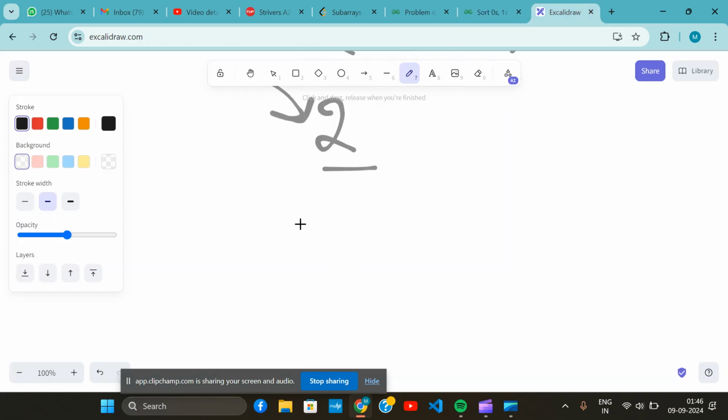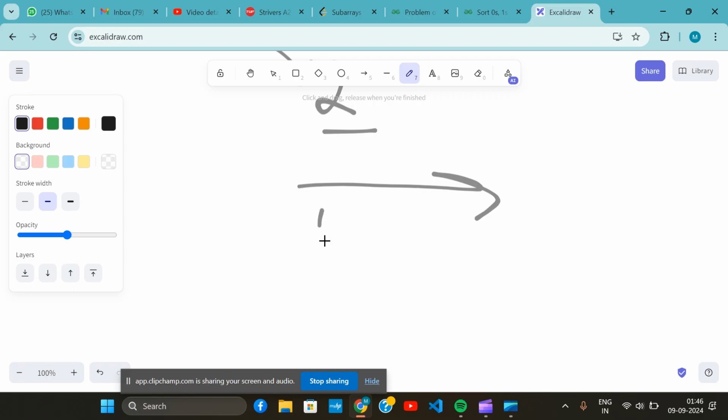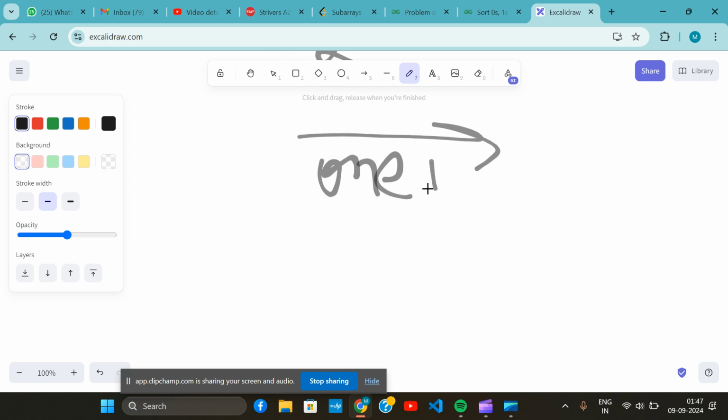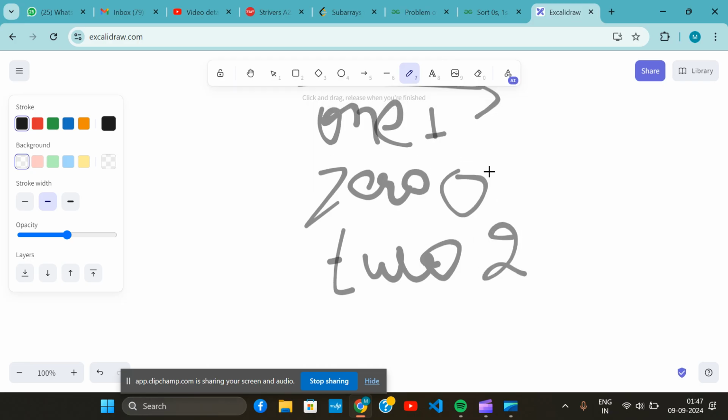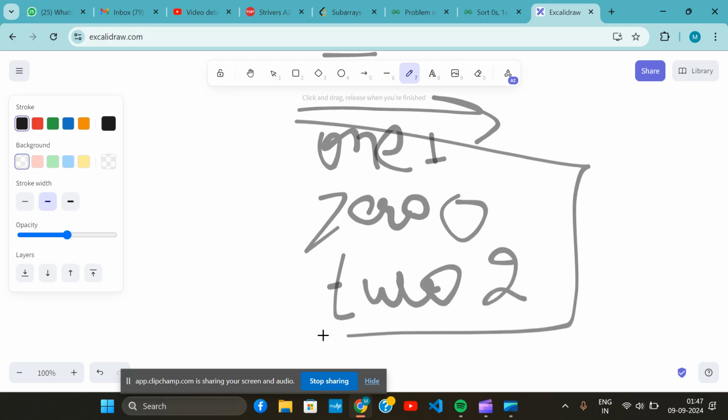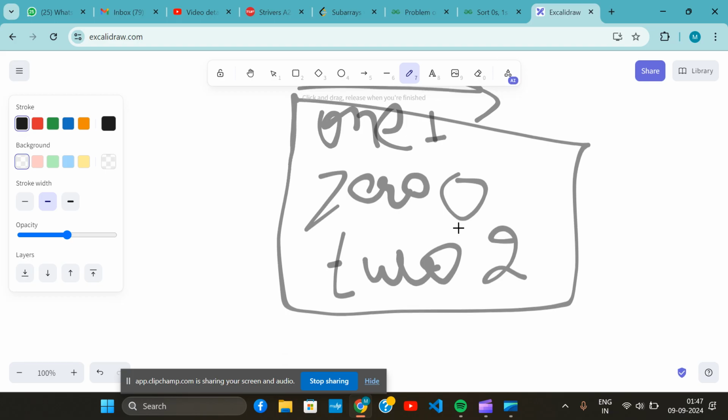So first we can traverse the whole array, and we make three variables: one for counting the ones, one for counting the zeros, and one for counting the twos in the given array. So these three variables are taken care of.